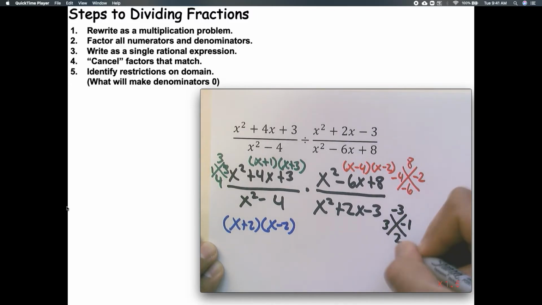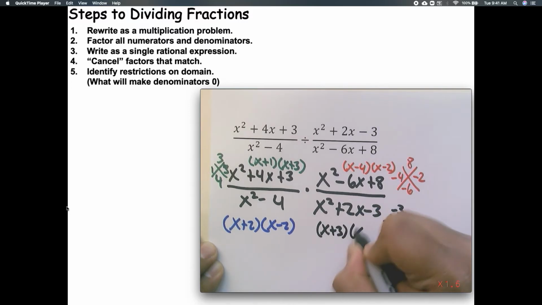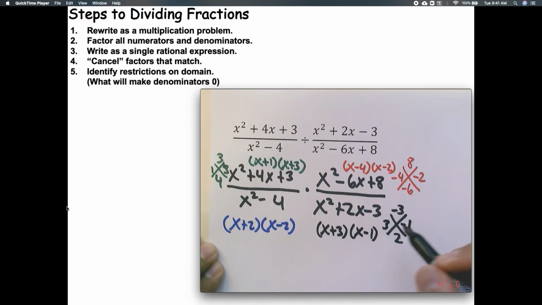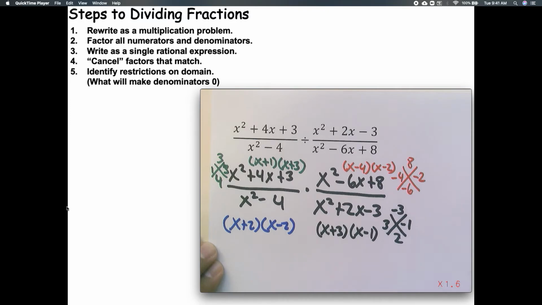That'd be a negative 3, positive 2. So I get x plus 3 and x minus 1. And again, we can only use this kind of shortcut because the a values are 1s. If this was anything else, you would have to do factor by grouping, like splitting the middle term and then doing all that other good stuff.